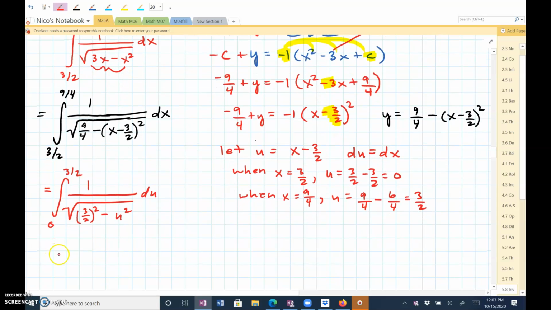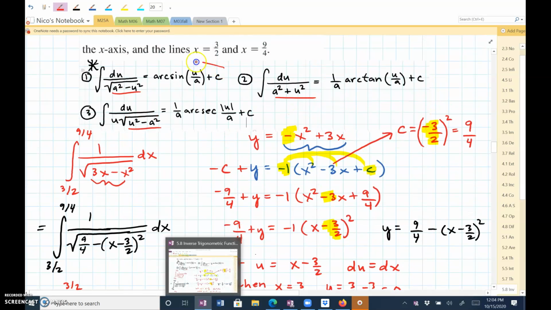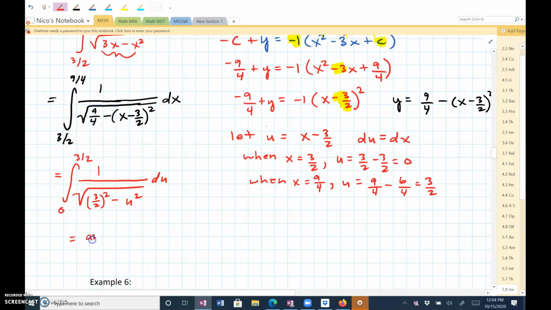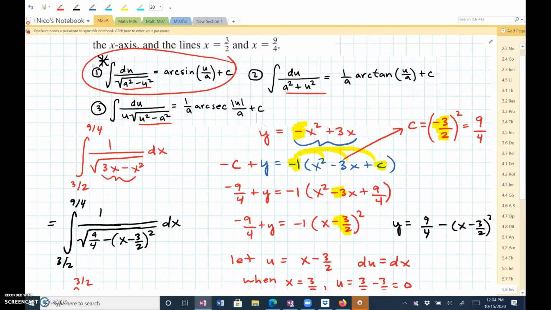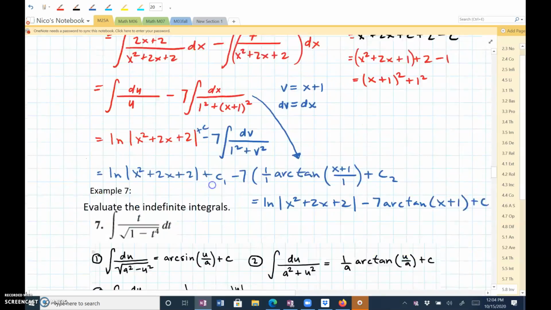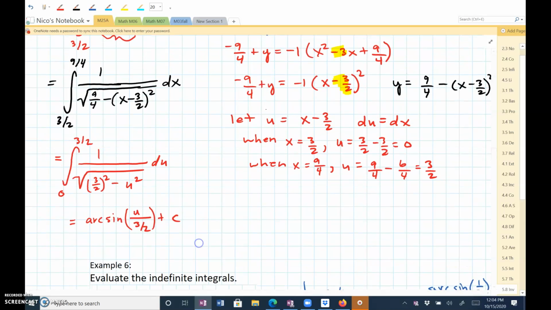Now I can find the antiderivative. I'm using this guy here. So this is going to be arc sine of u over a, plus C. And I guess I don't need the plus C because this is a definite integral.